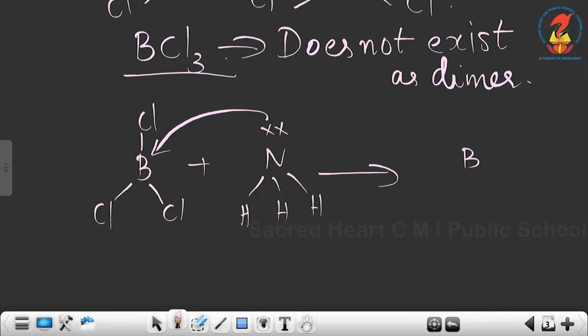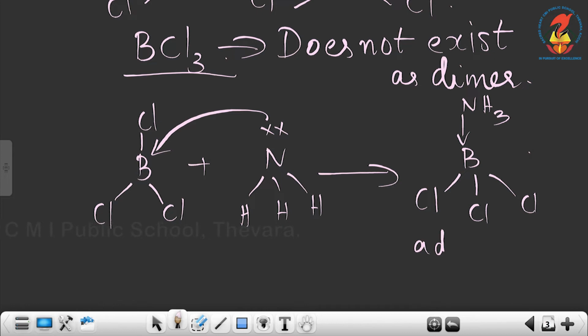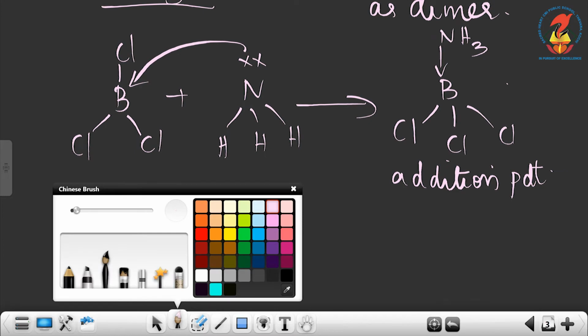Now, when you show the structure of the addition product, this arrow denotes ammonia is forming a coordinate bond with boron, and this is the addition product.